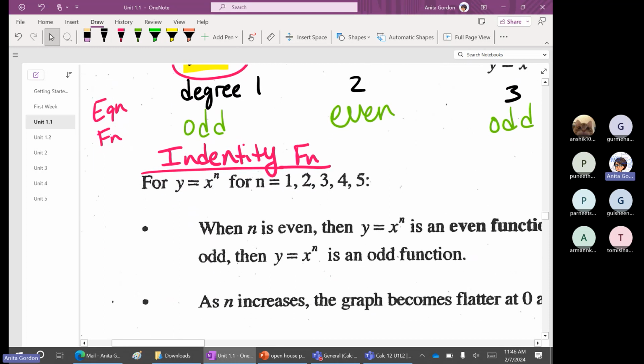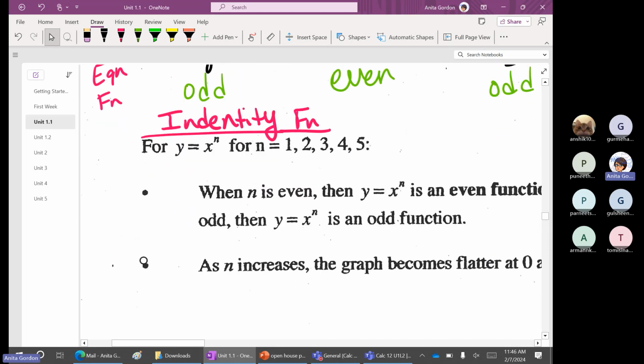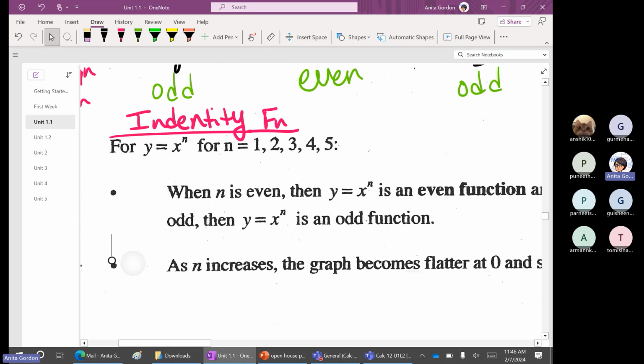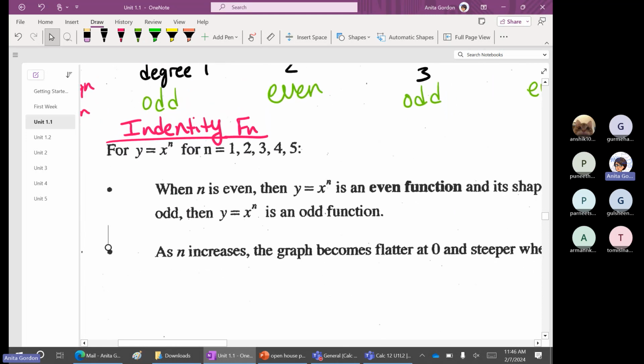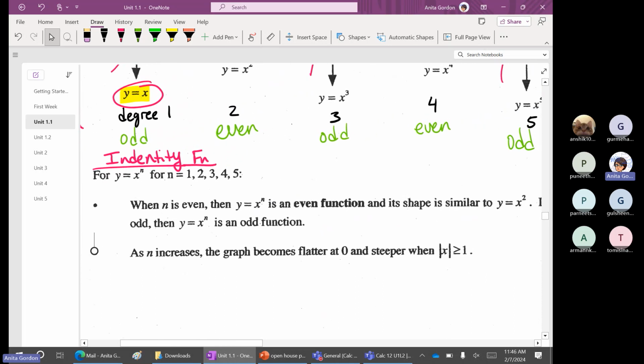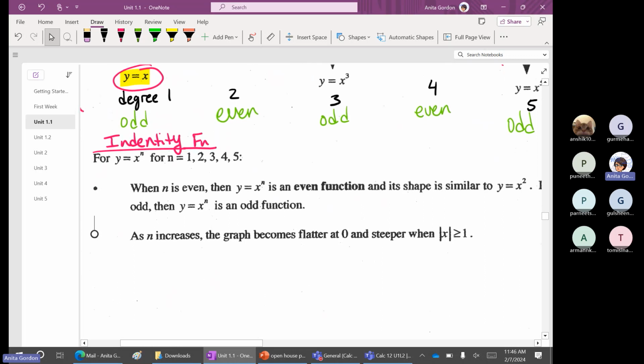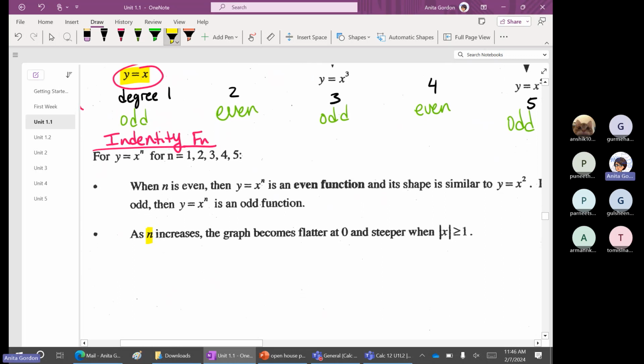Okay, some things to note about polynomial functions. y equals x to the power n for n whatever degree. When n is even, we have an even function. When n is odd, we have an odd function. We just talked about that. But also, as n increases, the graph becomes flatter at 0 when the absolute value of x is less than 1.